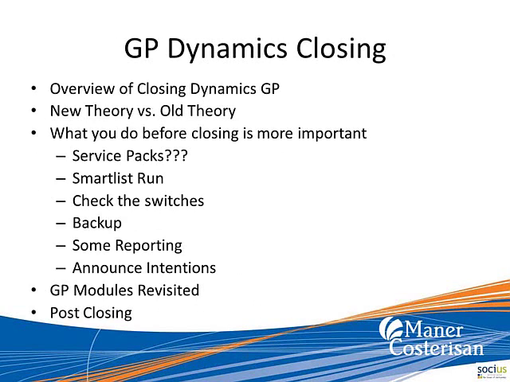Long ago, when GP was first released, particularly having to do with accounts receivable and accounts payable, the timing of when you close those modules was very critical, mainly because of the summary screens that were holding year-to-date, month-to-date, and last year-to-date summary information on your vendors and customers.